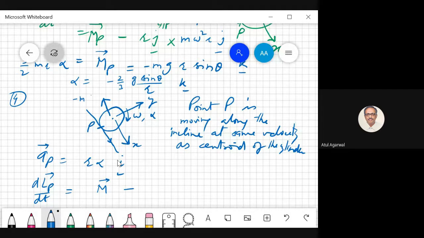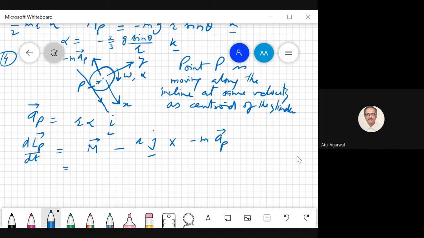Minus m, acceleration of the point P. So minus, and you have to take its cross product with reference to point P. You want to find the moment of this force about point P, so you have to take this vector. What is this vector? Rj cross, what is this force? Minus m AP. All right. Any problem?